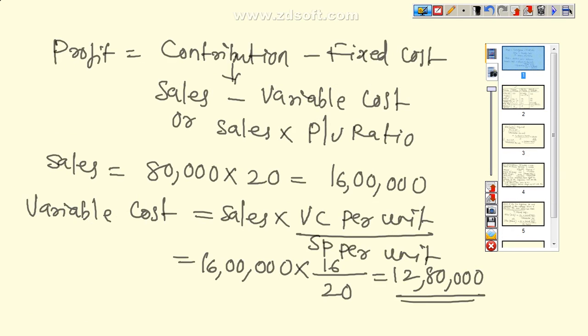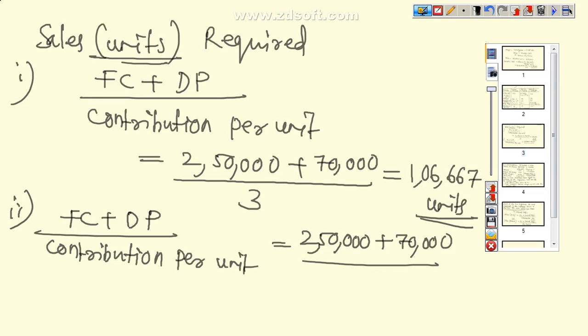So we write it here 3.5. So the answer is equal to 91,429 units.